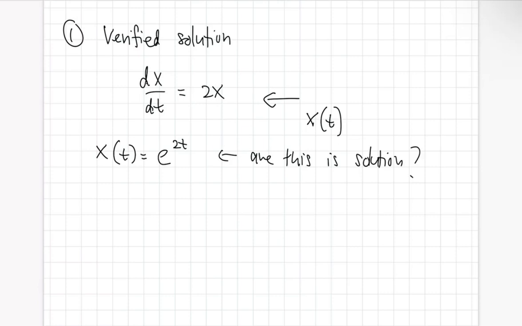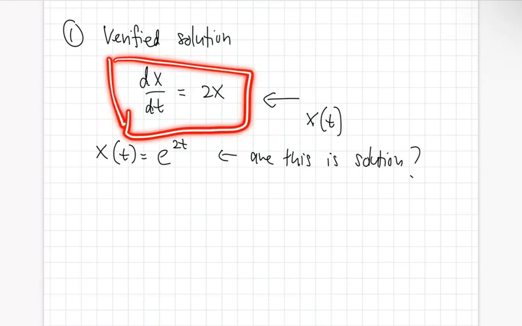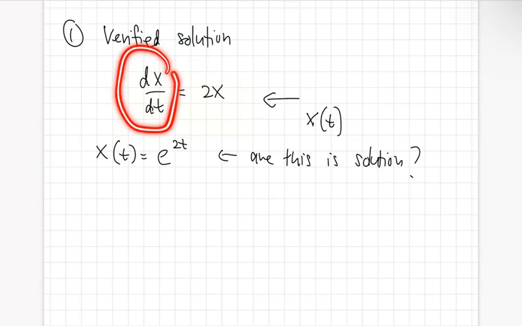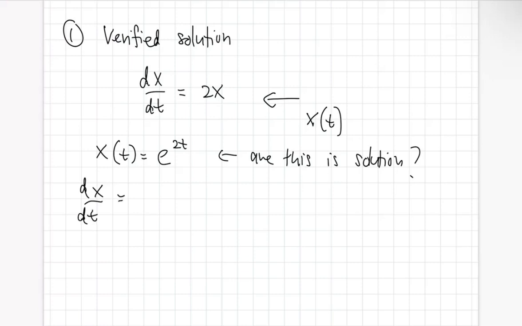How do you do this? Look back at the differential equation you have. You have a derivative of x(t), so you need to substitute. Differentiate first, so find dx over dt. This one is exponent 2t over 2.